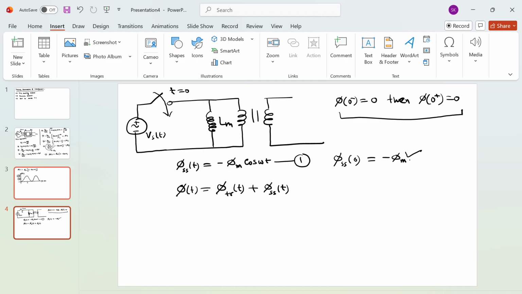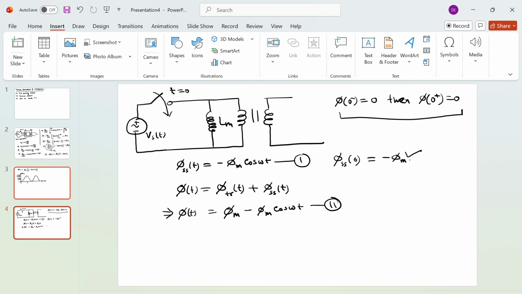So there must be another transient flux, that is plus phi m, that will nullify this minus phi m and make the flux 0. So the transient component of the flux should be phi m, and the steady state flux is minus phi m cos omega t.